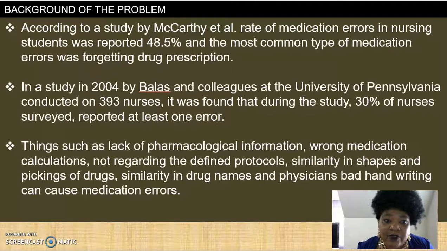So if they are reported, the rates will go up. Among the survey done by McCarthy, 48.5% said the most common type of problem was forgetting drug prescription. In a study done by Balance and Company, 30% of the nurses surveyed said they had reported at least one error.